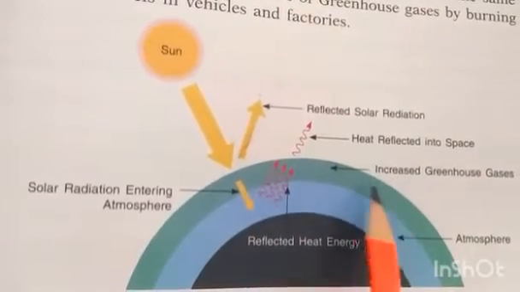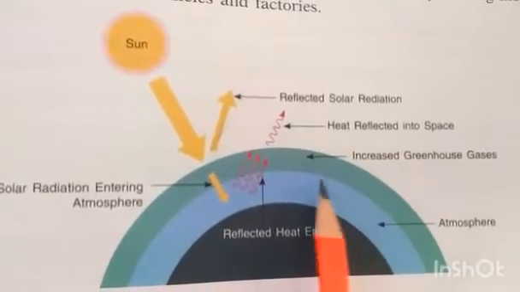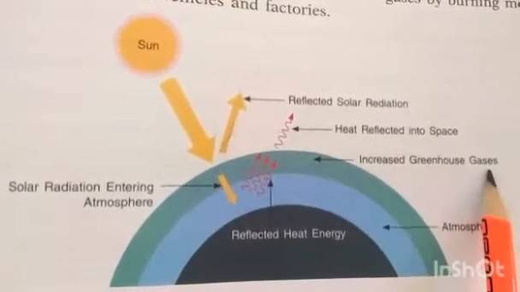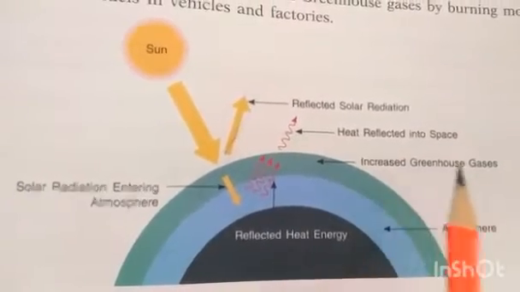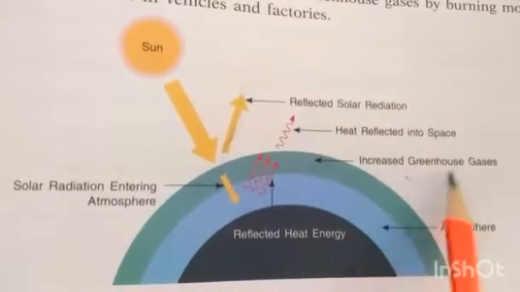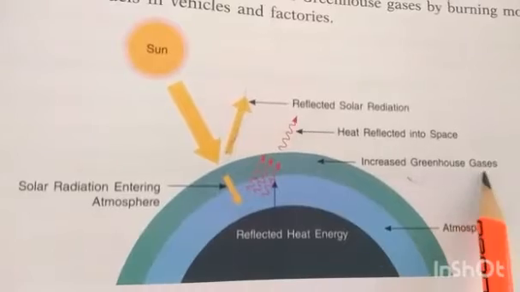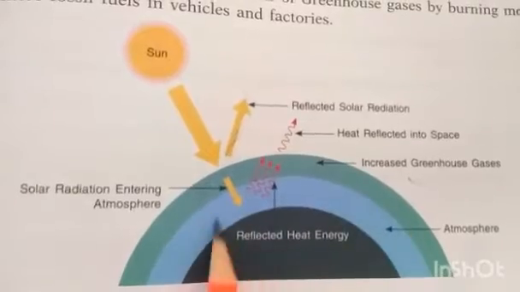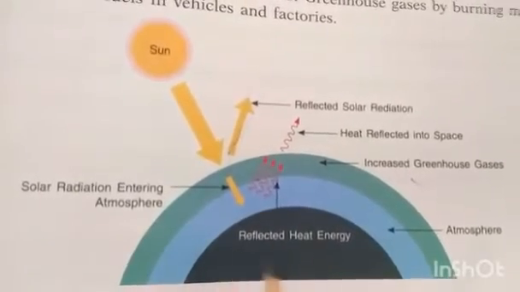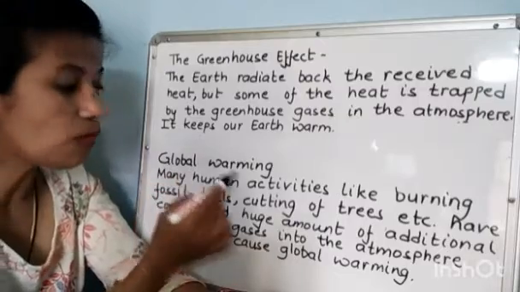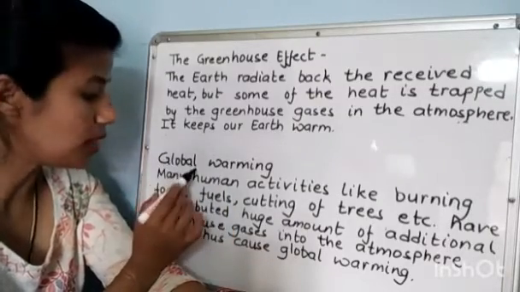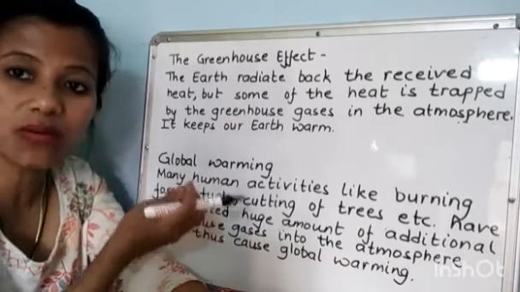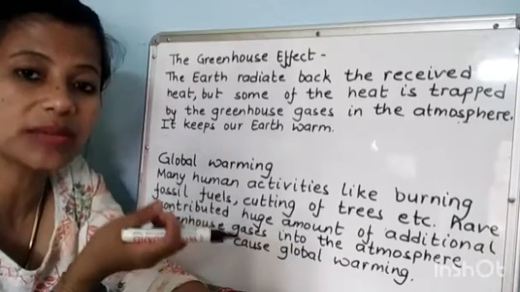Because of increased greenhouse gases, the quantity of carbon dioxide, methane, water vapor and ozone increases in our atmosphere. So what is happening? Our earth is becoming hot. Global warming. Our world is becoming hot.